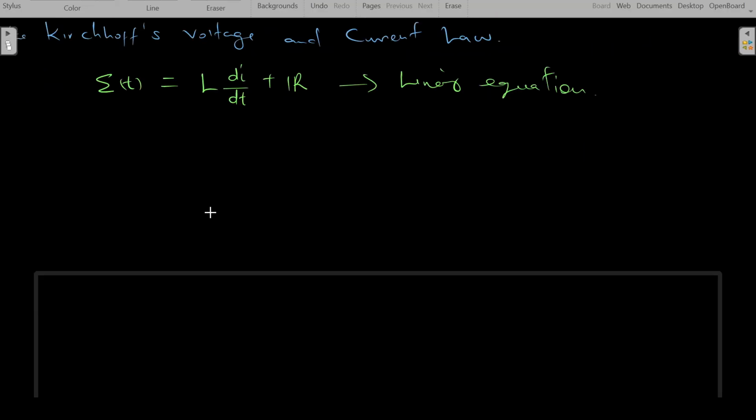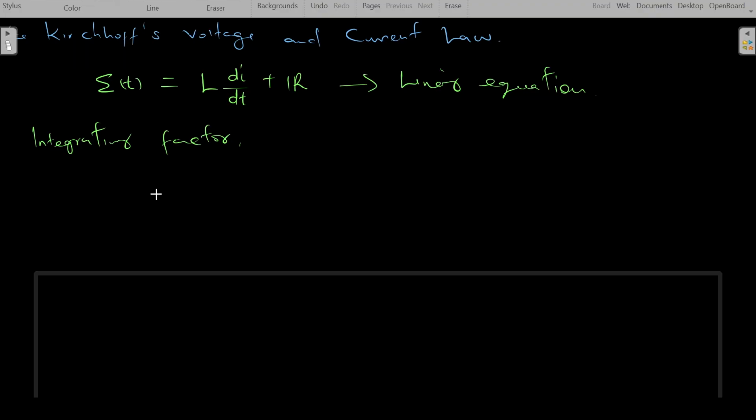For this case we'll have to use the concept of integrating factor. So let's calculate that. Our first step is to rewrite this non-homogeneous linear equation in terms of the general form.